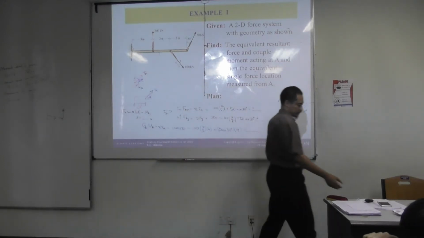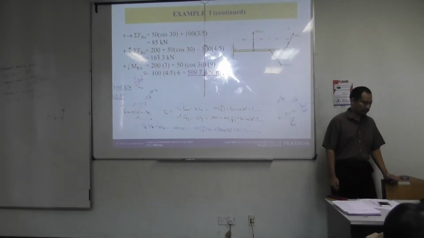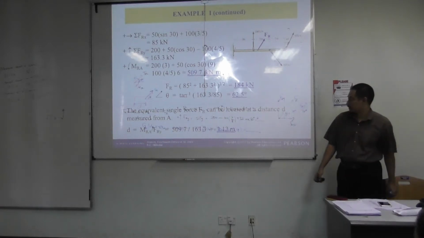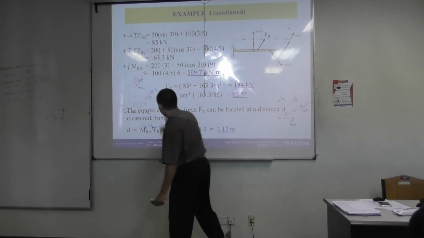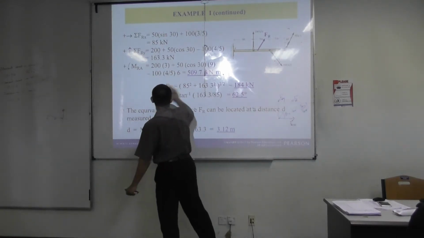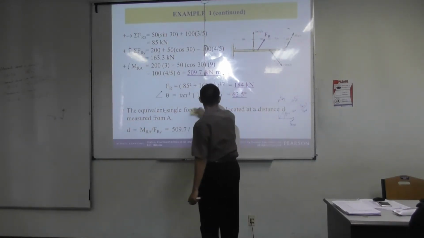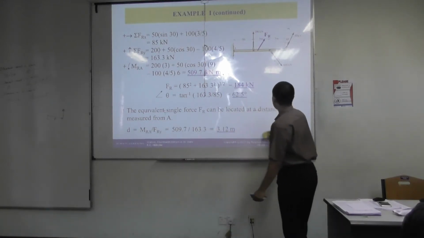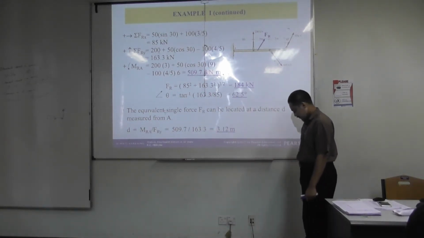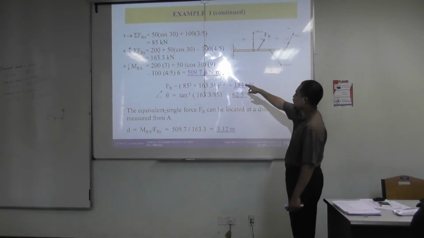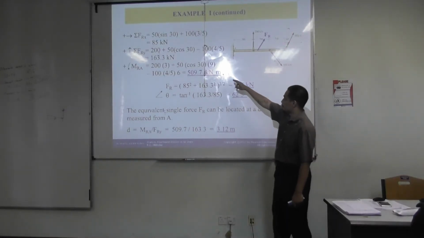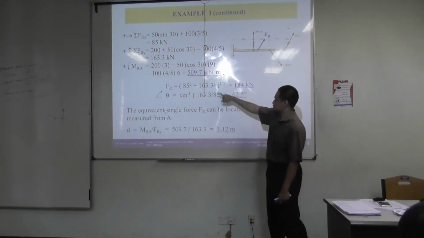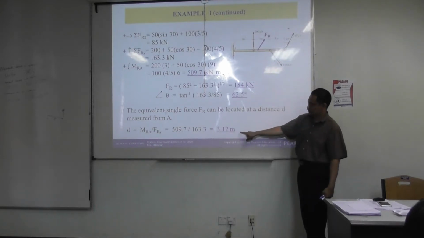Alright, so if we just go through the slides, the answer will be as such. FRX, FRY, we have FR and theta. Moment we also calculated counterclockwise this value, and then this is the distance here.